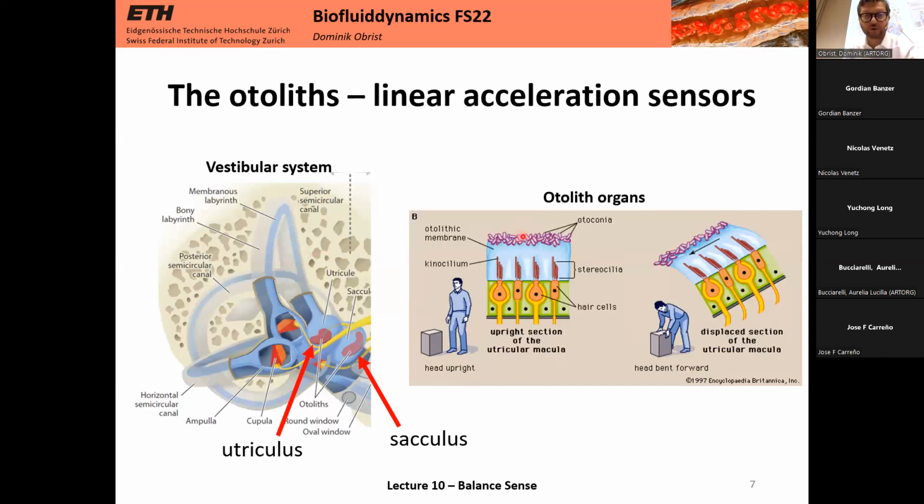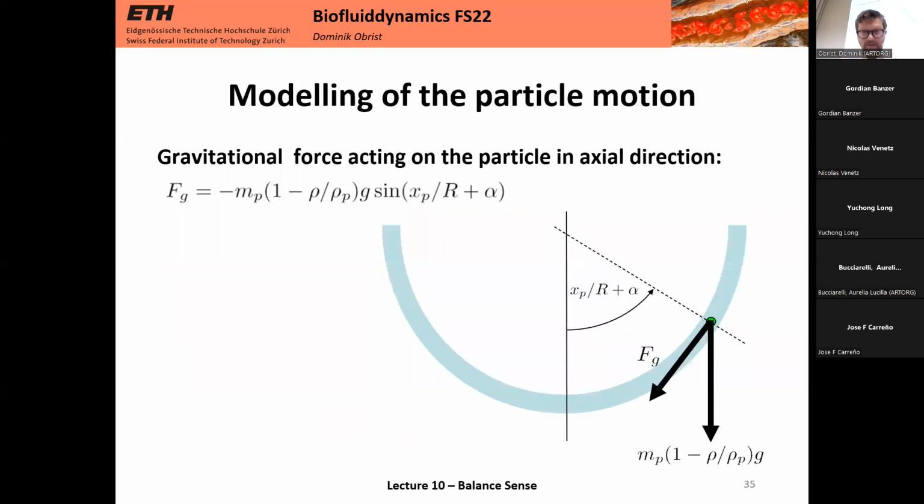They're these otoconia, and they're 2.7 times heavier than endolymph. So we can compute the gravitational force felt by these particles, and of course we need to project it onto the axis of the canal. So this is the gravitational force in the direction of the canal.